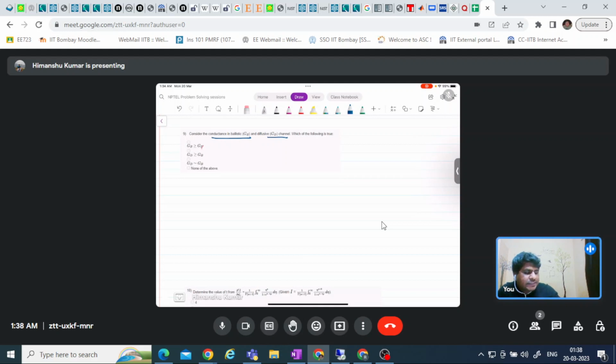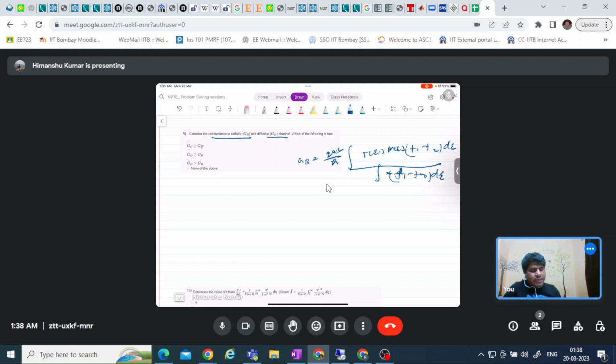Basically, the conductance GB equals 2q square by h, integral of tau of E, M of E, F1 minus F2 dE, divided by the integral of minus d(F1 minus F2) dE.